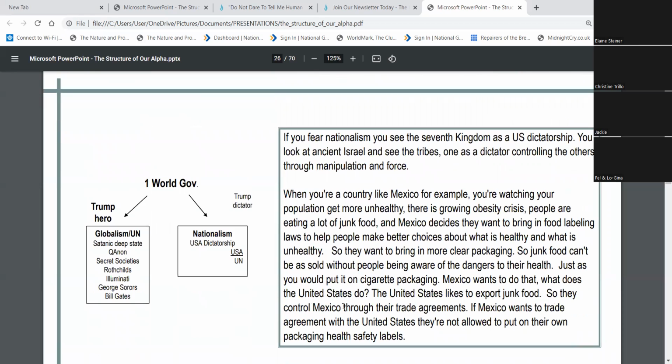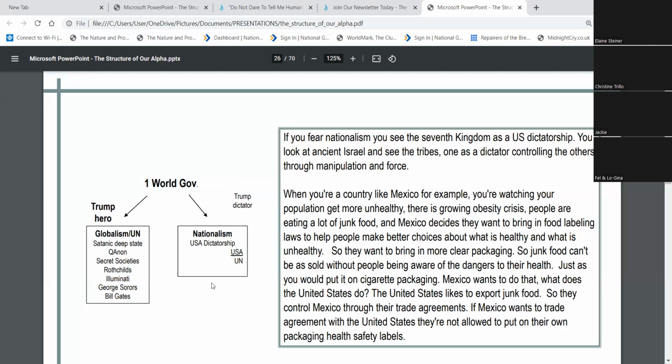If you fear nationalism, you see the seventh kingdom as a US dictatorship. You look at ancient Israel and see the tribes, one as a dictator controlling the others through manipulation and force. When you're a country like Mexico, for example, you're watching your population get more unhealthy. There is a growing obesity crisis.